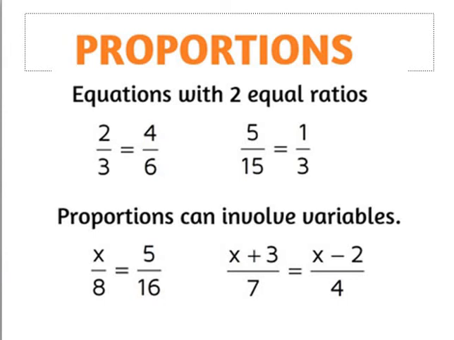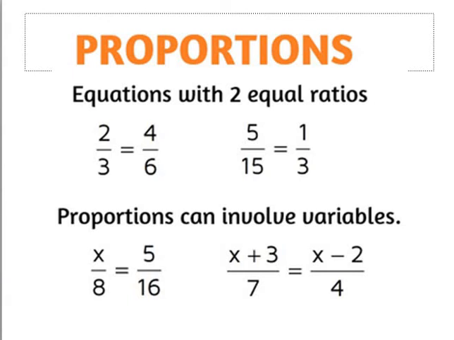This is a proportion, and since a proportion is an equation with two equal ratios, why do I need a proportion? Most of the time, when you have two ratios that are equivalent, one of the quantities, meaning one of the numbers in these four numbers, will be an unknown number like x.